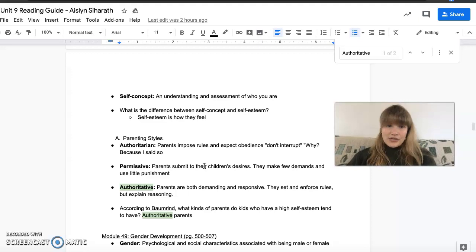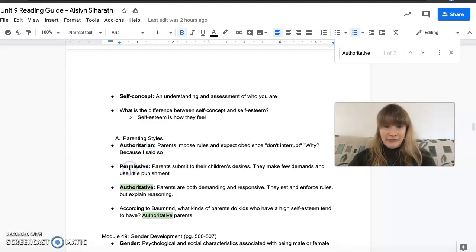Authoritarian is when parents impose rules and expect obedience, and the common refrain, I like how she put this in her reading guide, would be, because I said so. So if your child, brush your teeth, why? Because I said so. That would be an authoritarian parenting style, where it's like, because I'm the parent, I'm the authority, and you have to do what I say just because I say it.